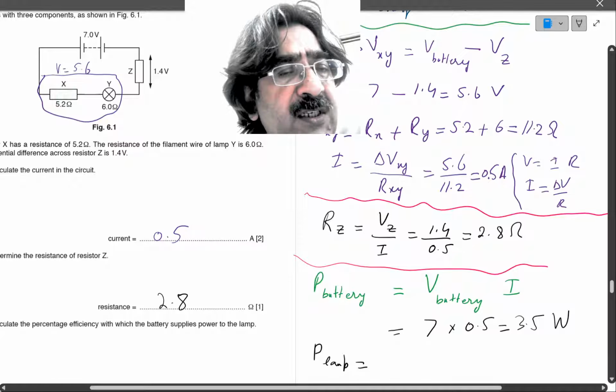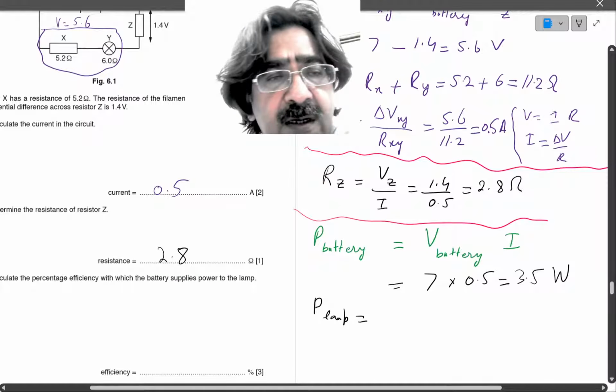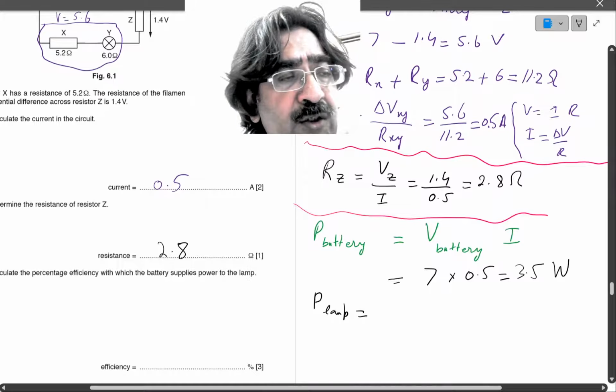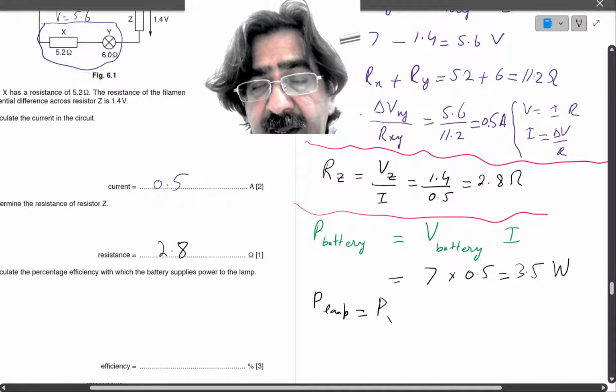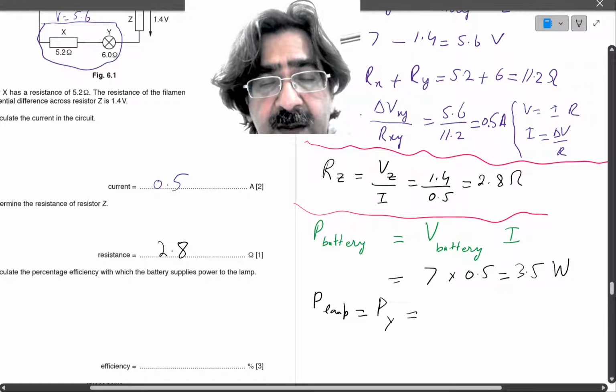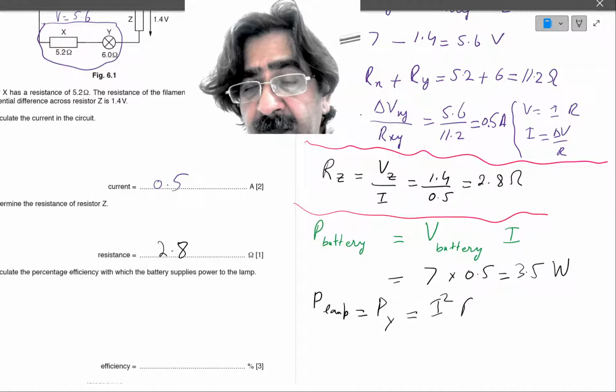Voltage is not given across the lamp, so that's why we will use the lamp's resistance. Okay, so lamp power is I square R of the lamp.